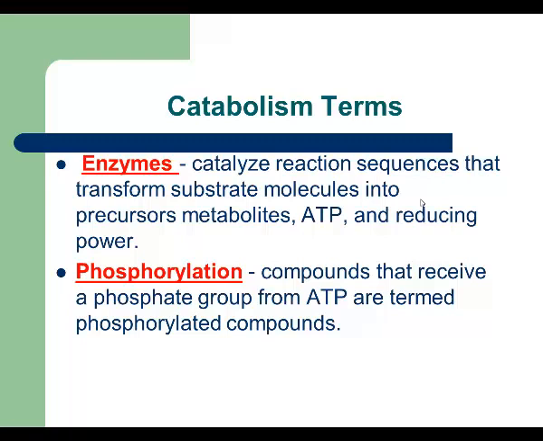Phosphorylation. Phosphorylation means a phosphate group will be participating in biochemical reaction. Formula of phosphate group is PO4. So when compounds receive a phosphate group as a result of biochemical reaction, we say compounds has been phosphorylated.